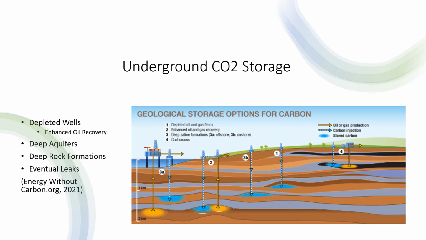Some companies do what's called enhanced oil recovery, where they're not only storing the carbon dioxide underground, they actually use it to displace leftover oil that wasn't able to be removed during the drilling and recovery stages. So that's a plus to that.